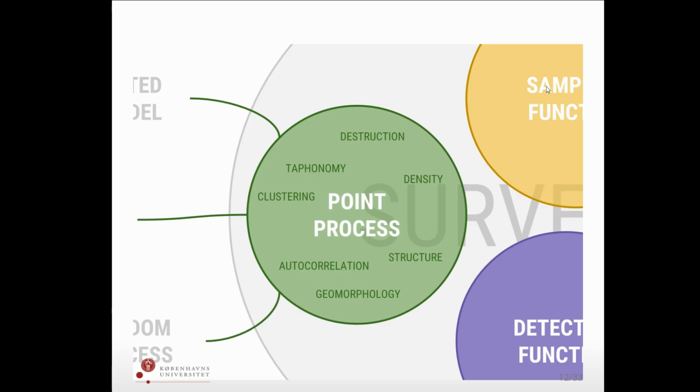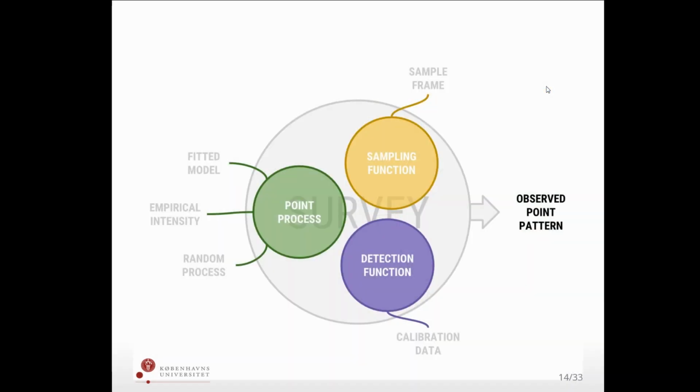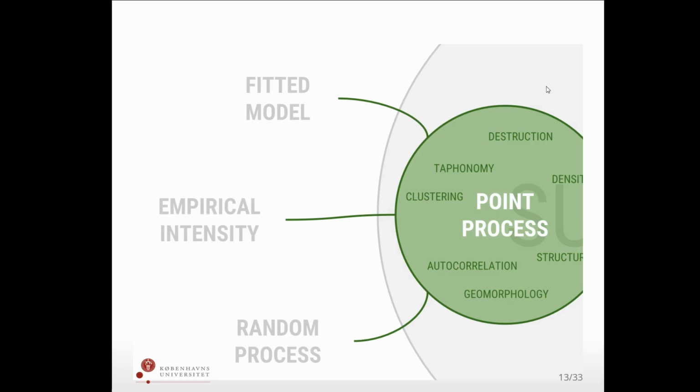So one wing of the package is to model the many different things that can affect the distribution of point data in archaeology, whether that's sites or individual finds or something in between. And this is where a lot of the inputs of the package come in. So you can use real empirical data if you're doing a reanalysis, or you can do some more theoretical random processes.